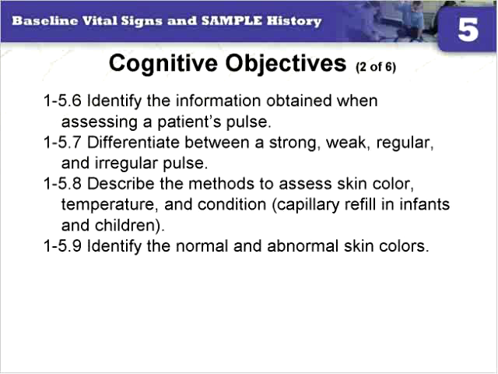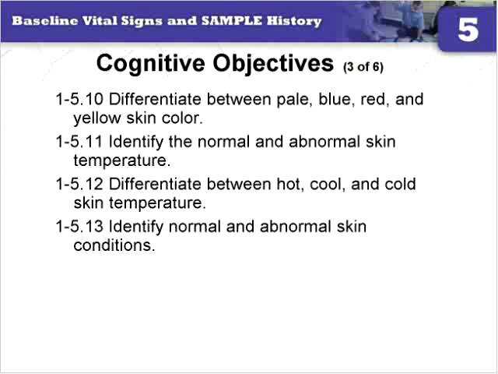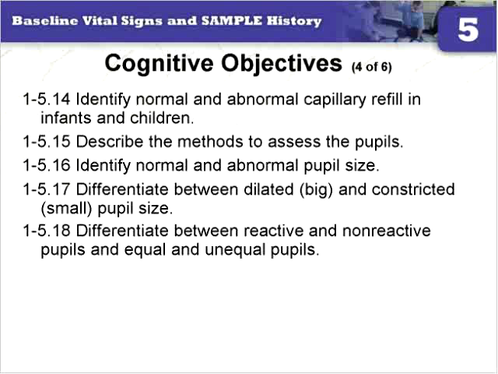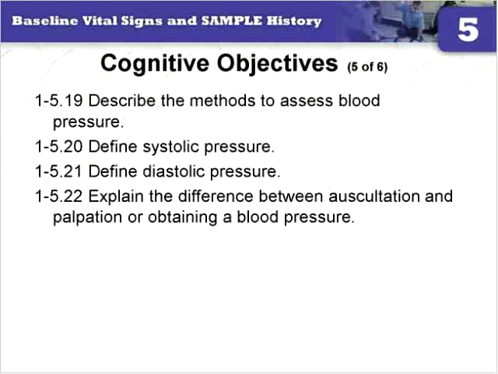Also, information obtained when we're assessing a person's pulse, differentiate between strong, weak, regular, and irregular, and then assess skin color, temp, condition, cap refill, and then normal and abnormal skin colors: pale, blue, red, and yellow skin color, normal temperatures, differentiate between hot and cold skin temperature, and abnormal conditions. And then we're going to be talking about abnormal cap refill in children, assessing pupils, pupil size, constricted, dilated, what that means, reactive and non-reactive.